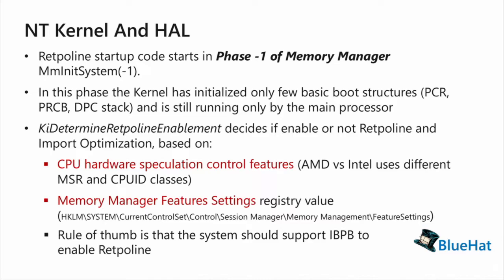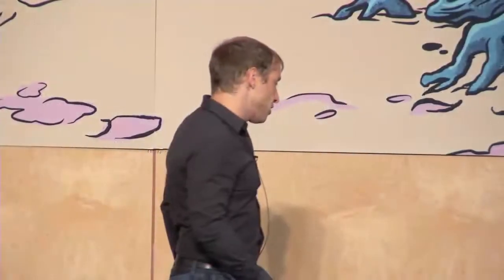The first one is whether your CPU supports the hardware speculation control features. I mean, if your CPU has IBRS or IBPB. Here I've written that AMD and Intel use different model-specific registers and CPUID classes. But this is important because if the CPU is not able to protect in hardware, we have no way to protect against external code.